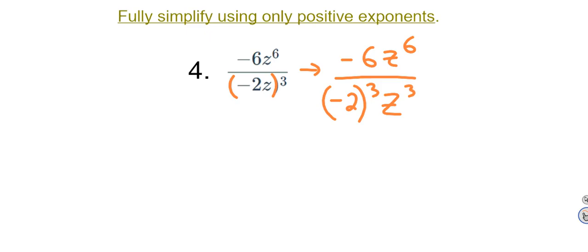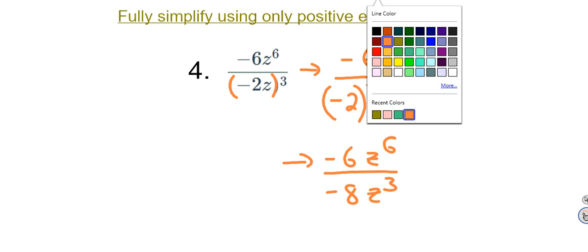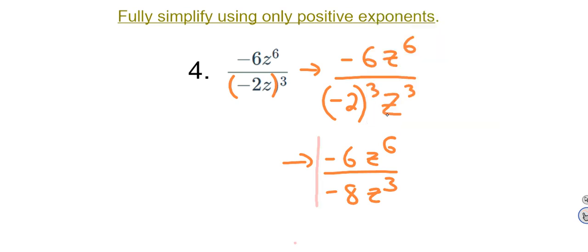So I'm going to go ahead and pick up my calculator. I still have the negative 6 z to the 6th over, negative 2 in parentheses to the third power is going to be negative 8. And then I remember that when I have my numbers, my plain old constants, there's no new rule for them.